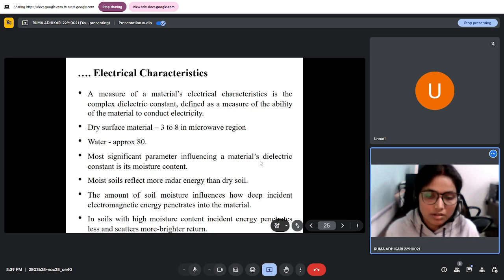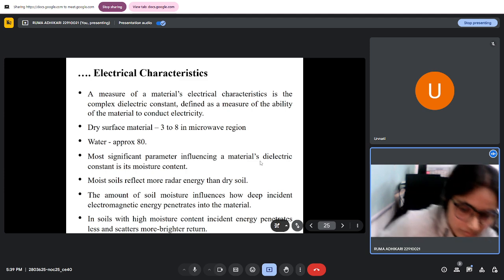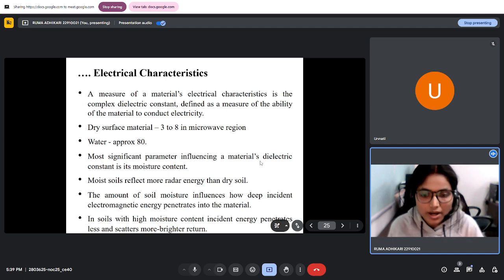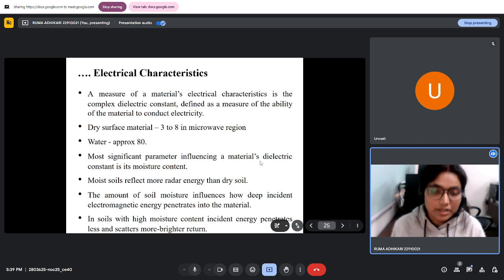In the presence of water it changes, because water has such a high dielectric constant compared to others. So moist soils reflect more radar energy than dry soil. In soil moisture detection studies, it is very important.